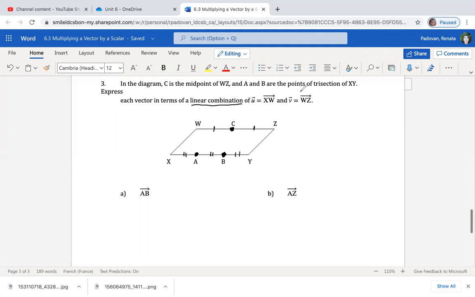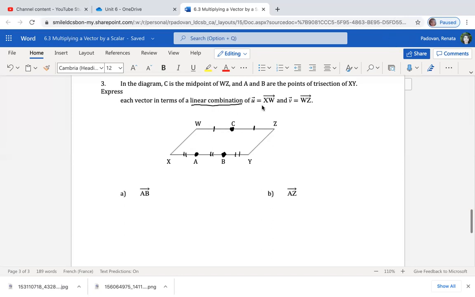So I've got U vector is going from X to Y. So again, the tail of X, the start of X to the head of W. Did I say Y? The U vector is the XW vector. So let's draw that in. Green, let's say.